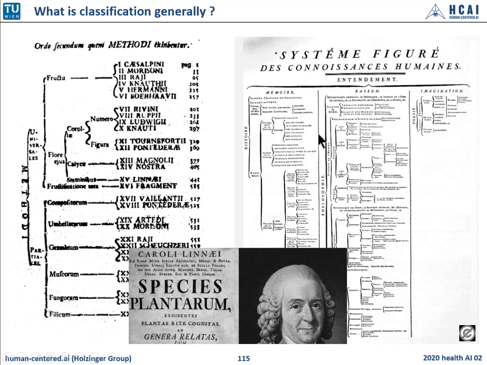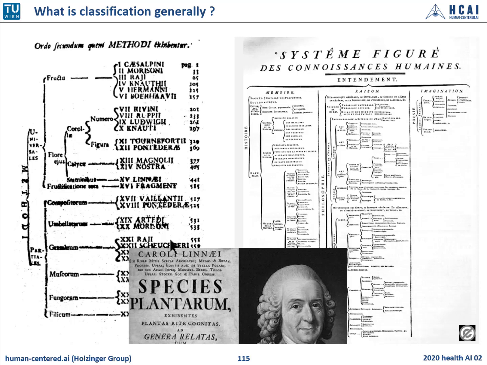So this is one of the early nosological efforts. Nosology is the science about medical terminology, so about names in biology, in medicine. And this was, for example, grouped together in classification.